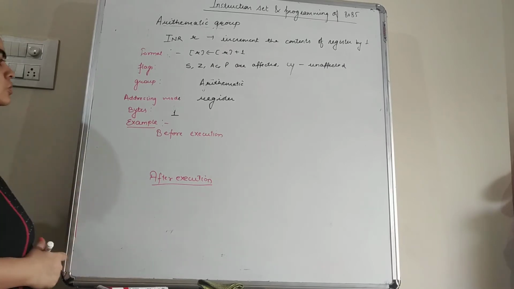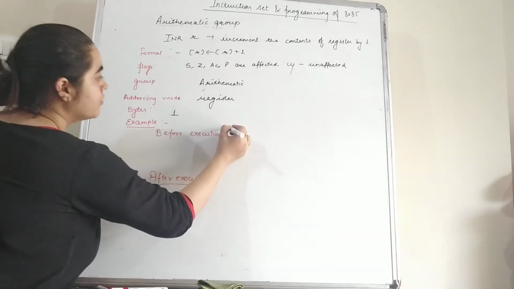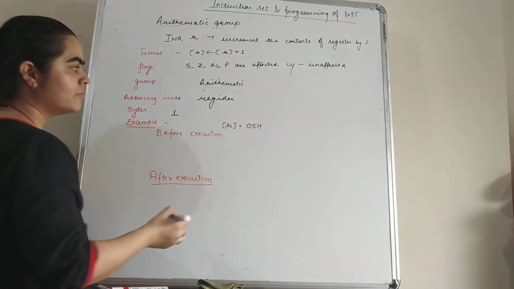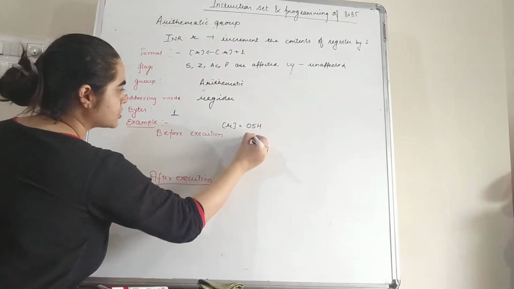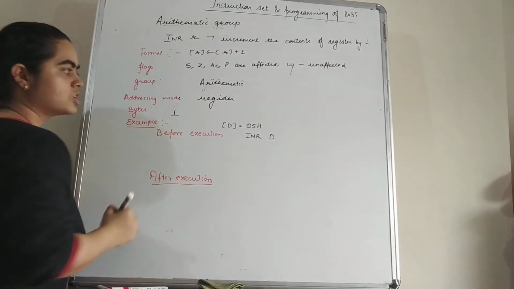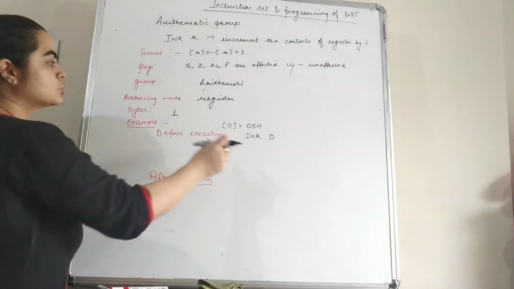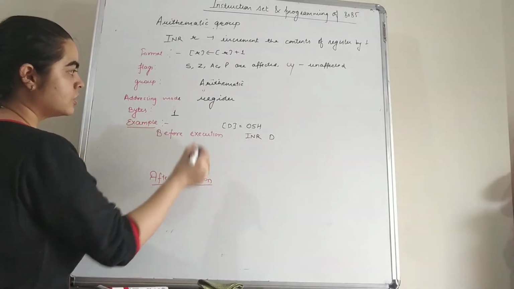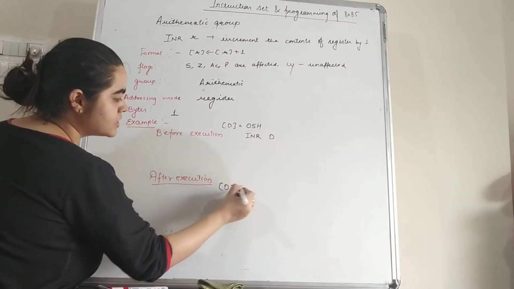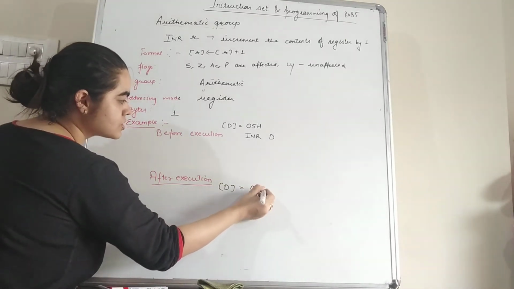Now students, suppose we have an example where the value of the register is 05H, and the register we have is D. So the instruction is INR D. After execution of this instruction, the contents in D are 06H.